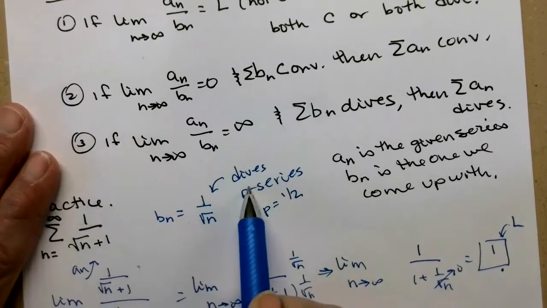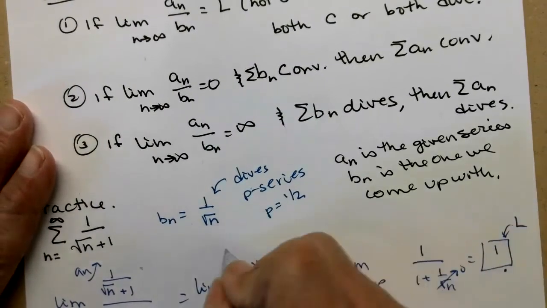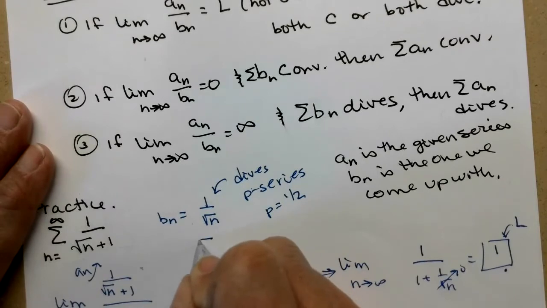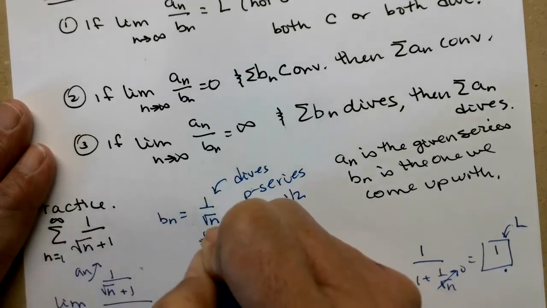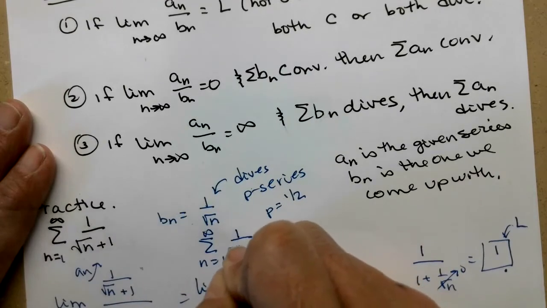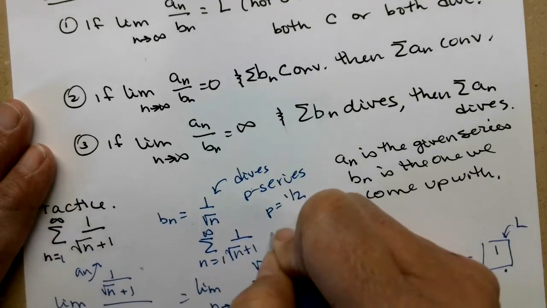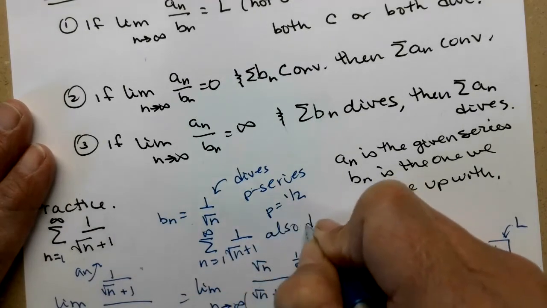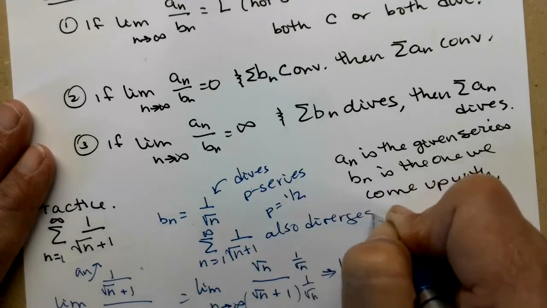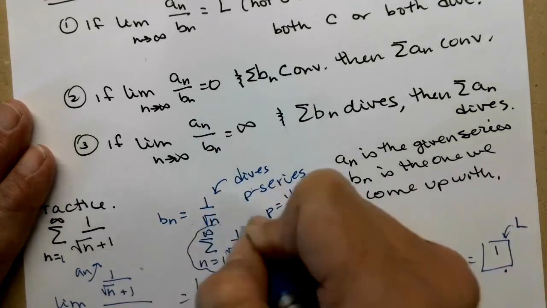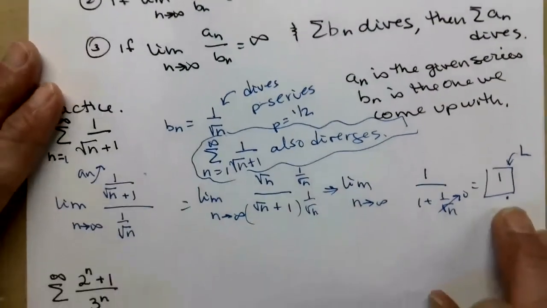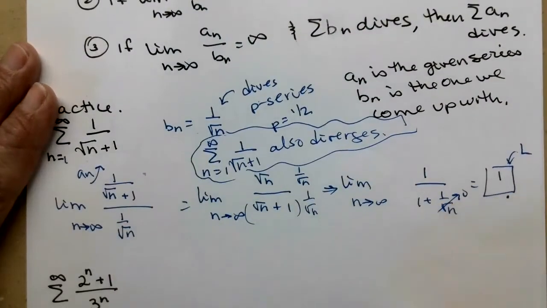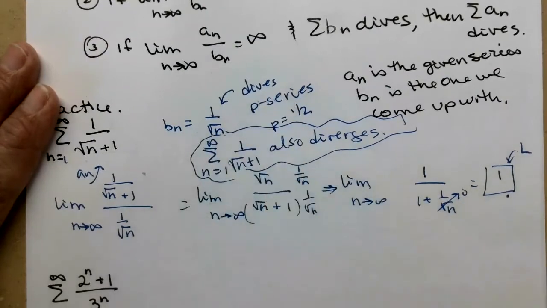B sub n diverges, therefore the sum from 1 to infinity of 1 over square root n plus 1 also diverges. I didn't leave myself enough room to write that out nicely, but I've got all the pieces in there. I know what L is, and I know that b sub n diverges.